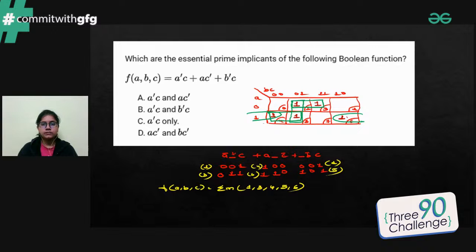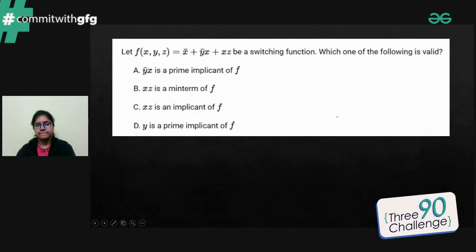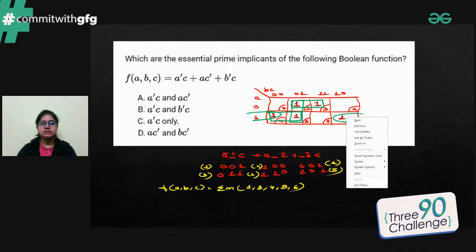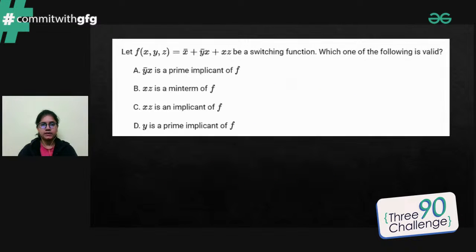So this is the group we can consider as an essential prime implicant. And this one, you can see this group: this one is covered by multiple groups, and this one is also covered by multiple groups. So this is not our essential prime implicant.